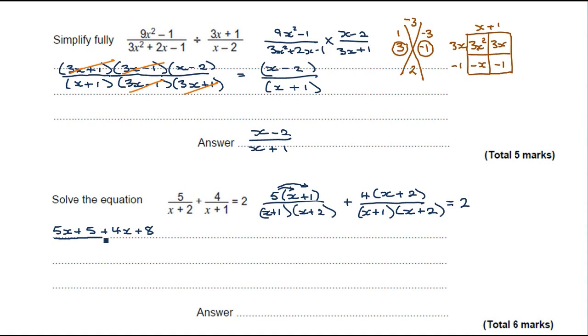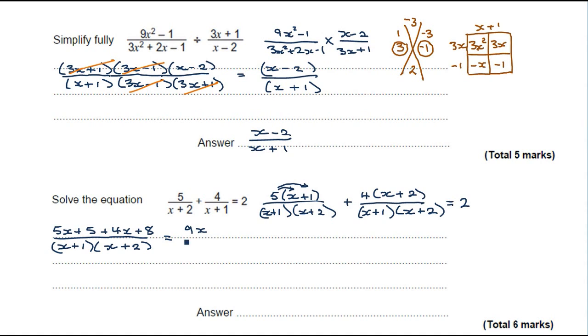So we've got 4 times x giving us 4x, and 4 times 2 giving us 8. That's the numerator. The denominator, maybe we want to at the moment leave as 2 factors, because it might be that when we join this together we can cancel. So we just leave this at the moment as x plus 1 times x plus 2 in the denominator.